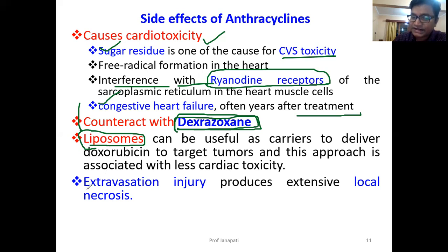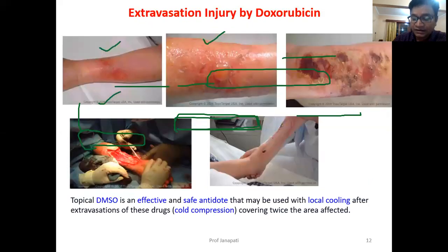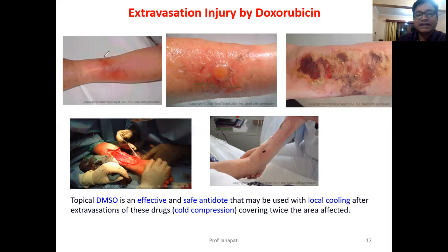One more important side effect is extravasation injury. The drug eats the site of injection. You see, these are the pictures. You can see how at the site of injection you can find redness, sometimes even blisters if it is more toxic.